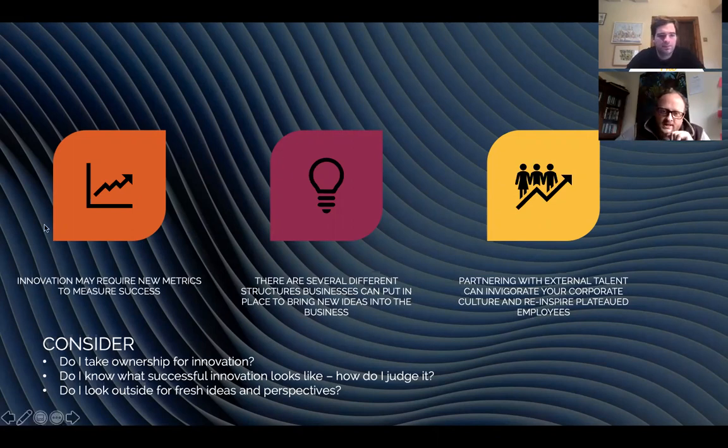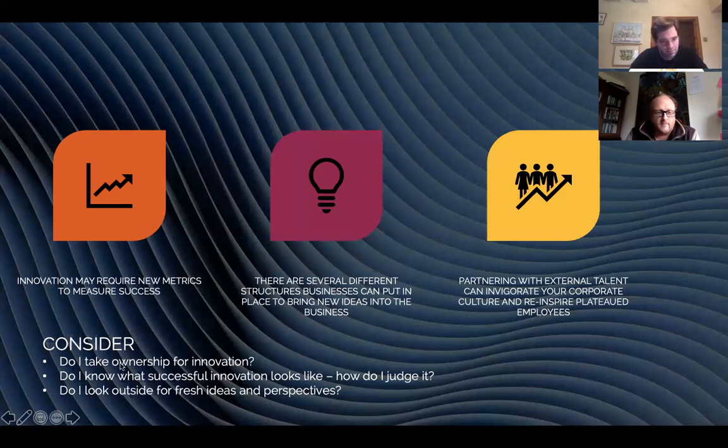The third thing is that partnering specifically with external talent can invigorate your corporate culture, can really bring to life a new way of looking at things and re-inspire those plateaued employees. And if we do it right, it might even pair people up, for example. It might even bring those shy people a little bit more forwards.